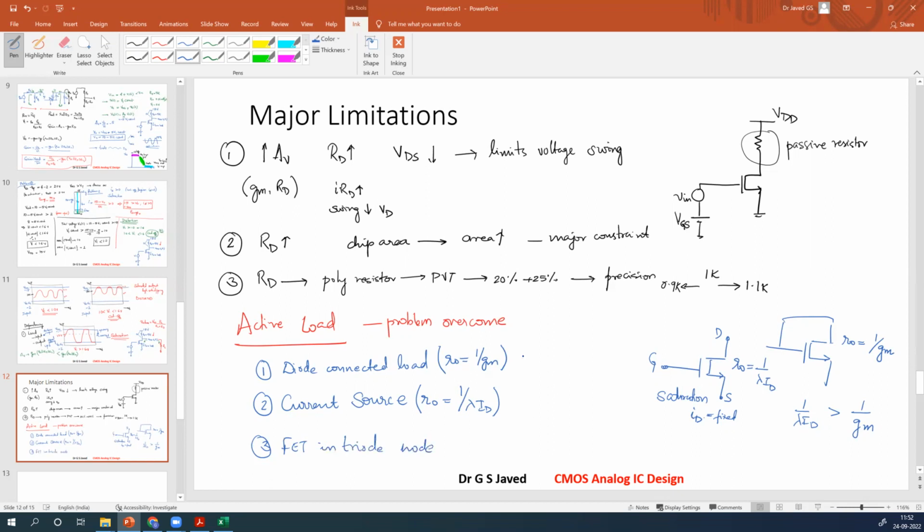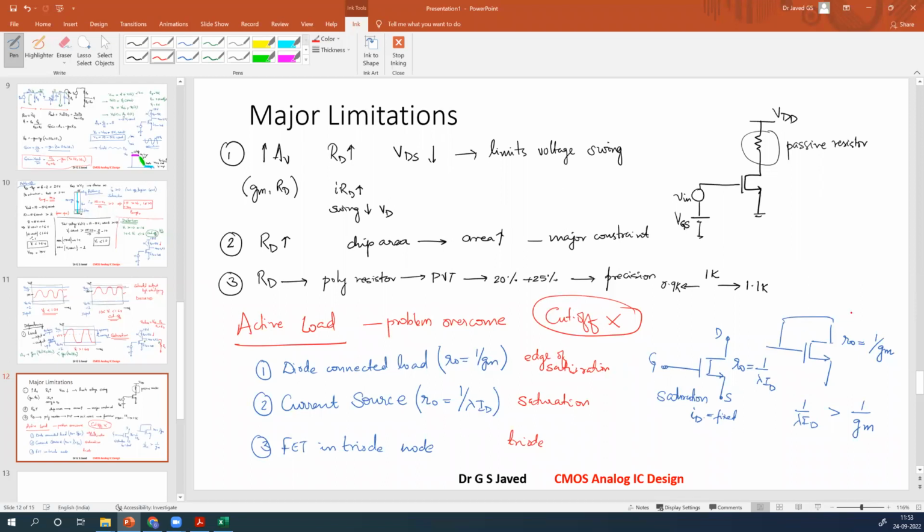If you look at it, this is the edge of saturation, where your VGS is always equal to VT. This is in saturation, and this is in triode. Note, you can never use an active load in the cutoff region, so the cutoff region is ruled out. So these are the 3 active loads you can do, and this effectively becomes a 2-terminal device.